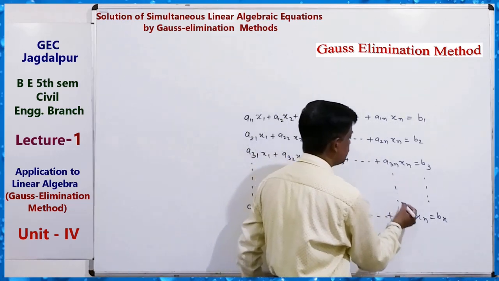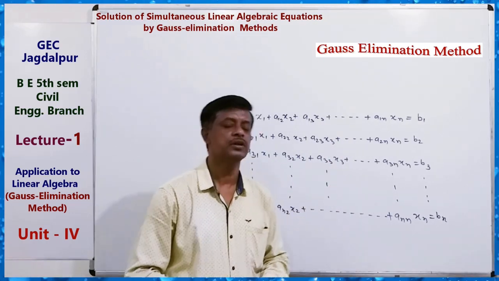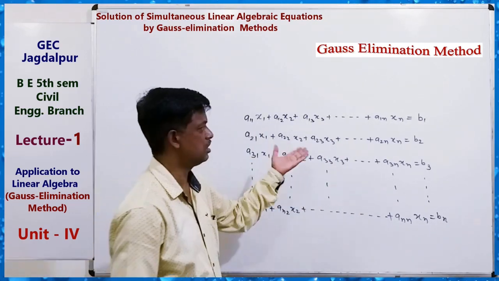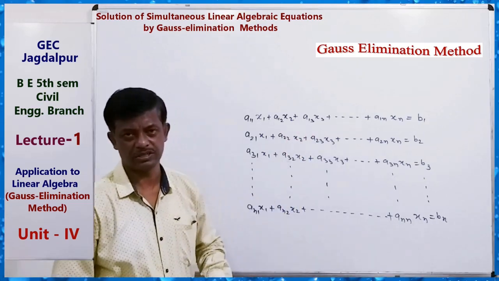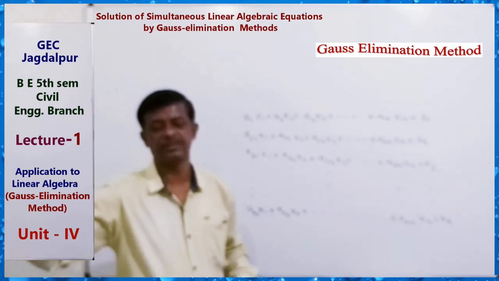This type of system has n unknowns and n equations. It may be two unknowns and 2 equations, 3 and 3, 4 and 4. Here n may be 1, 2, 3, 4, 5, 6, 7, 8, 9.